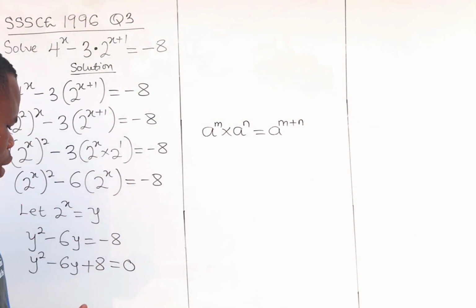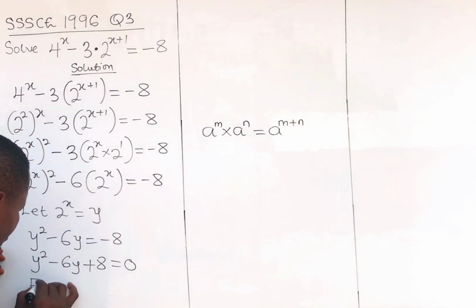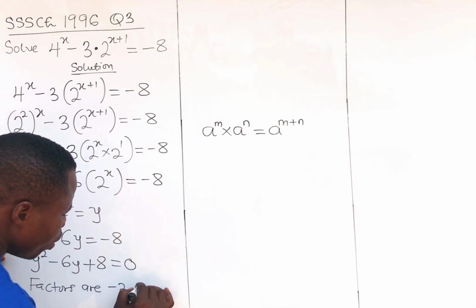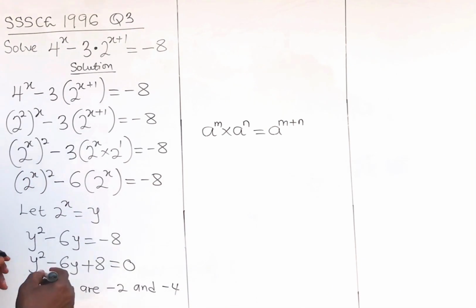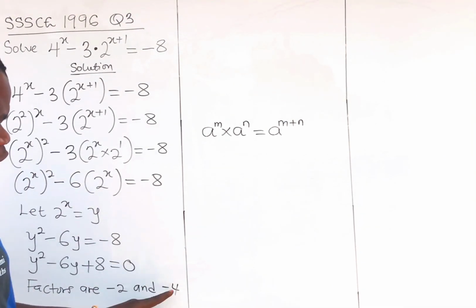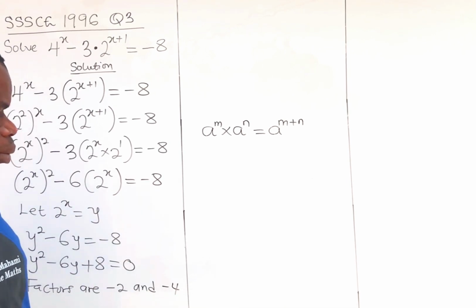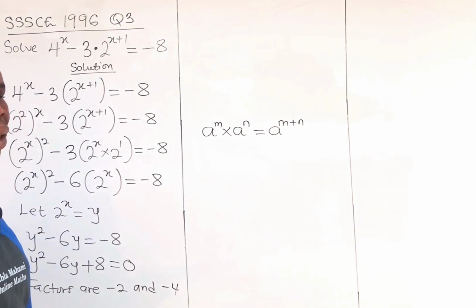When you multiply them, you get positive 8. If you add them, you get minus 6. And the factors are going to be minus 2 and minus 4. Minus 2 times minus 4 is positive 8. And minus 2 plus minus 4 is minus 6.